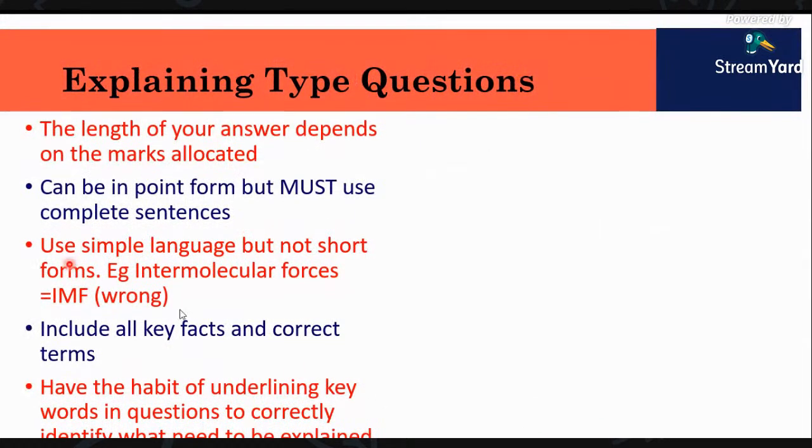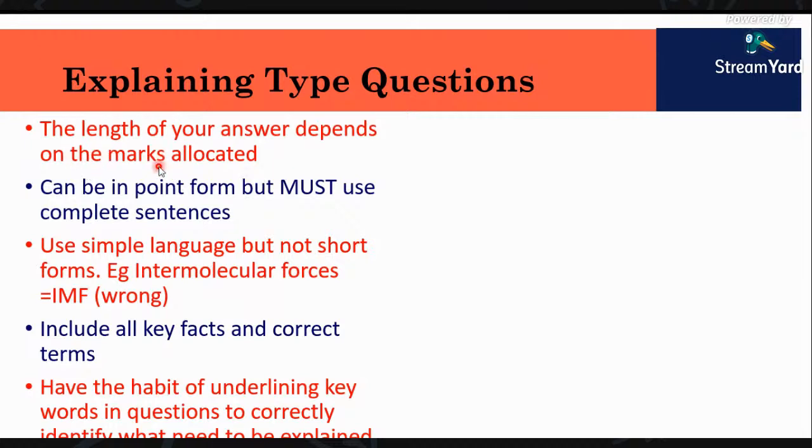The next type would be the explaining type questions. Here I've clearly stated that the length of your answer depends on the marks allocated. So always use the marks given in the question as a guide, because the feedback that I usually get from students is, madam, how much do I need to write?